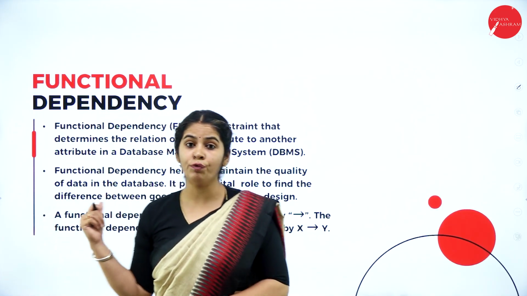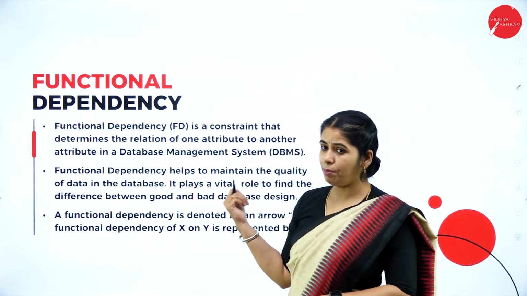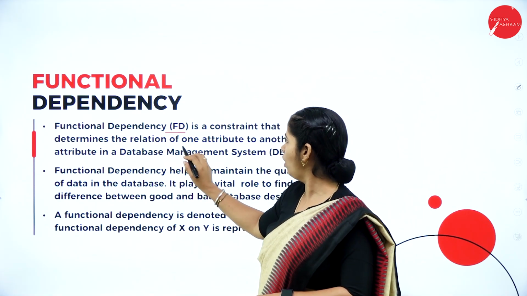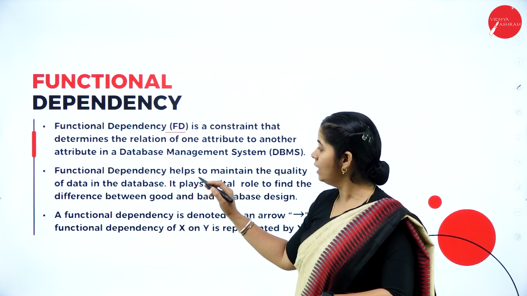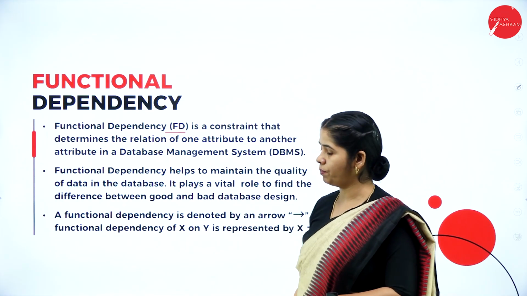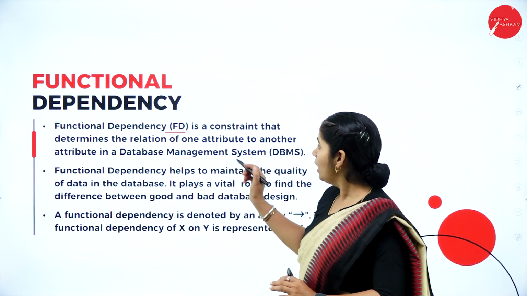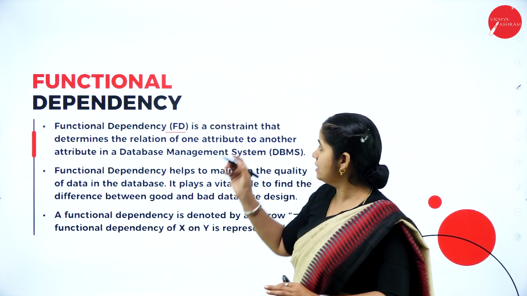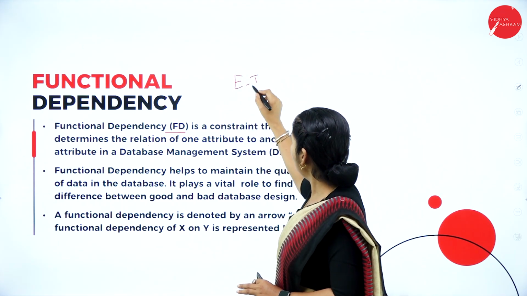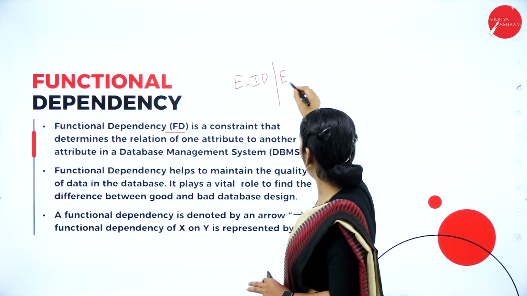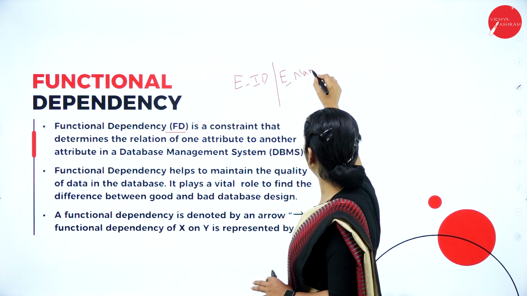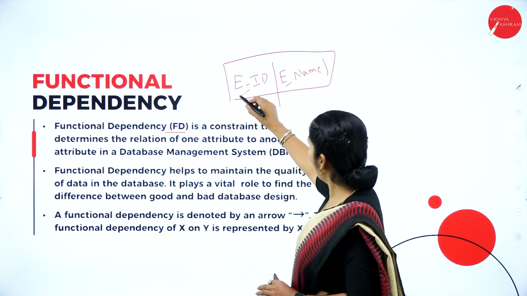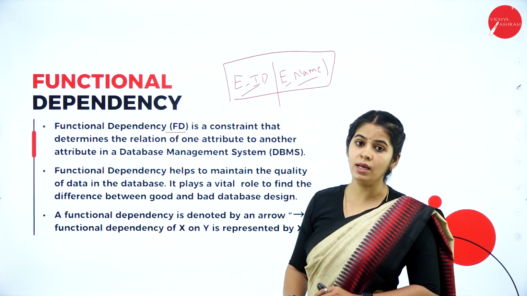Okay, next what we have is functional dependency. The functional dependency, that is FD, is the constraint that determines the relation of one attribute to another attribute in the database management system. If I say employee ID is one attribute and employee name is another attribute, it provides the functional dependency, the relation between employee ID and employee name.